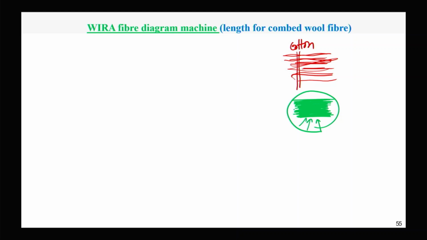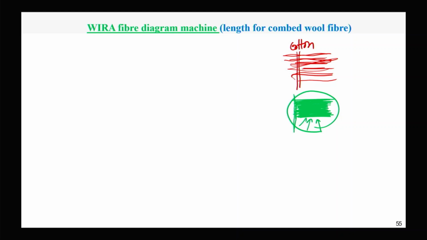So, wool fiber length measurement is done using the capacitance method. In the capacitance method, we can identify the quantity of fiber. The capacitance is proportional to the quantity or mass of material present.